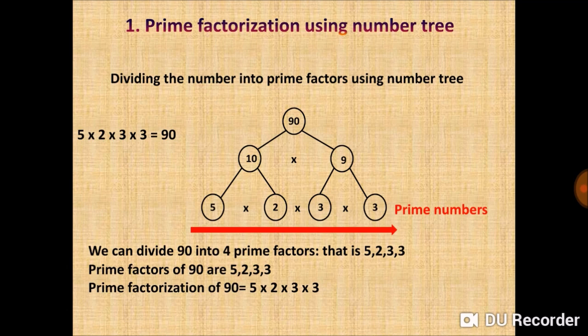So this is the last answer we get, that is prime factorization of 90, 5 multiplied by 2 multiplied by 3 multiplied by 3. So here we did prime factorization of 90 by using factor tree. I hope you learned what is prime factorization, factor tree, and also what is actually factorization.